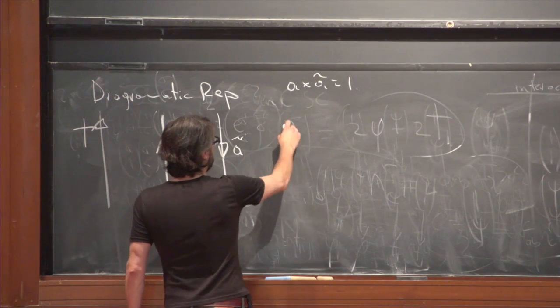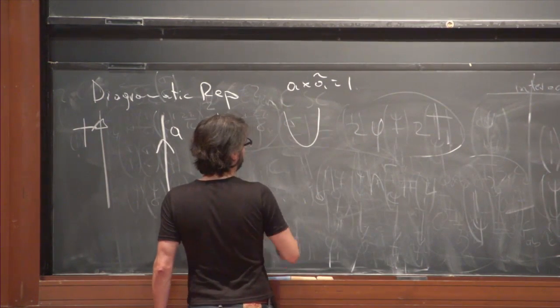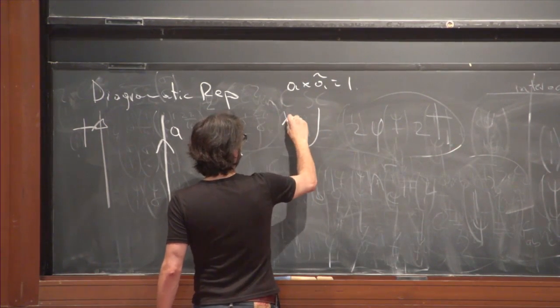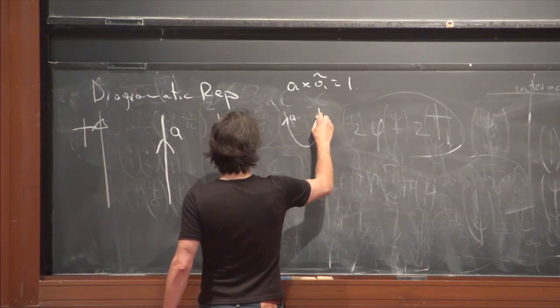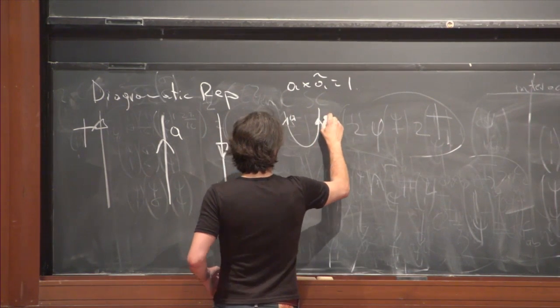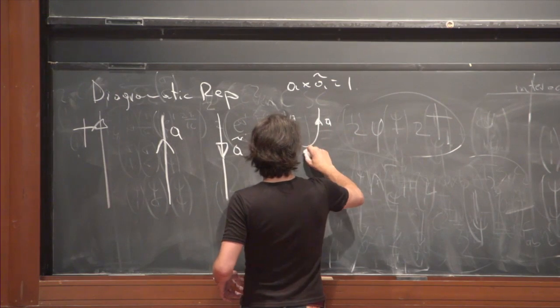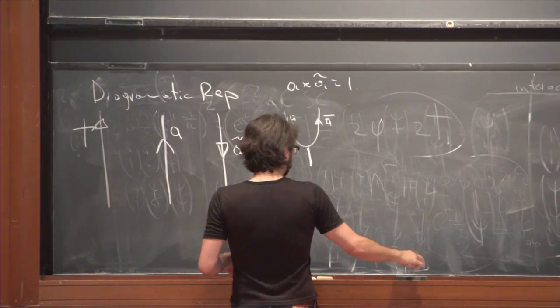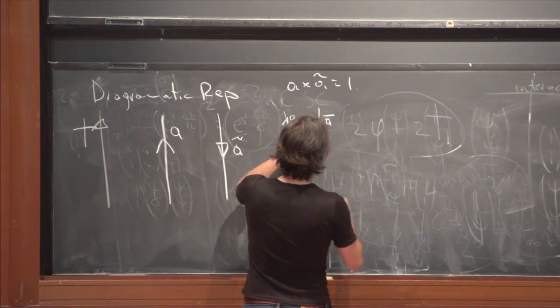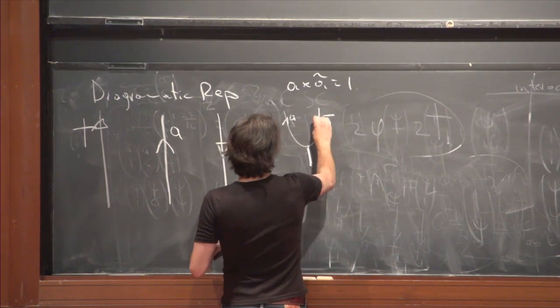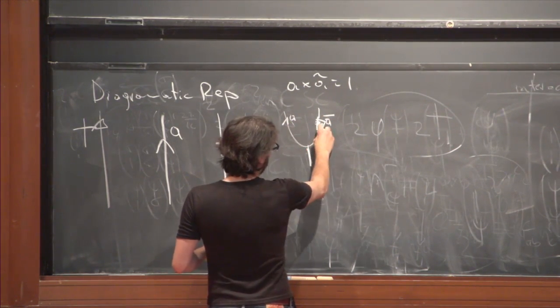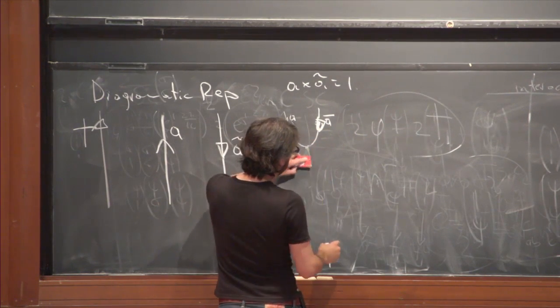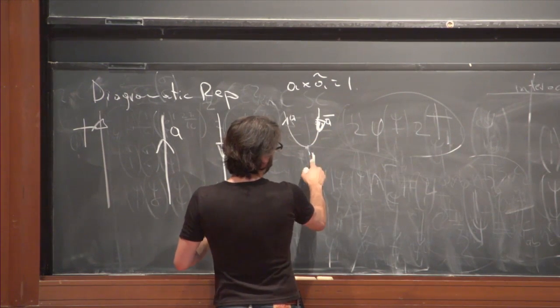Because if I do this process with both A and A bar, then obviously A can annihilate with A bar, and I get here the vacuum, okay?